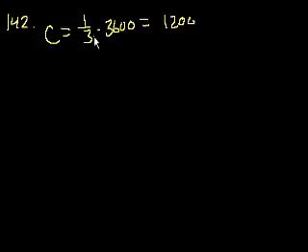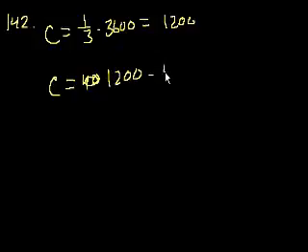Okay, we're going to reduce the clerical staff by 1/3. So how many people are we going to get rid of? 1/3 of 1,200 is 400. So the clerical staff is now going to be 1,200 minus 400, which is equal to 800.